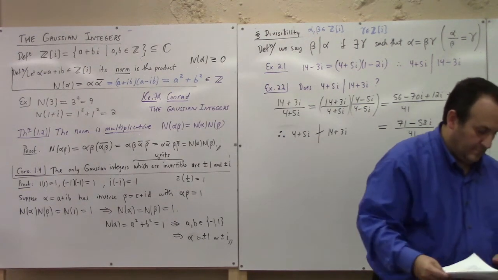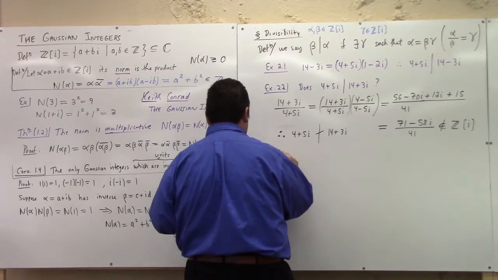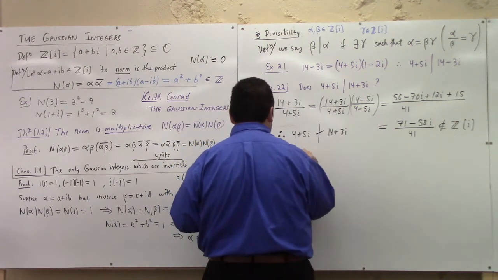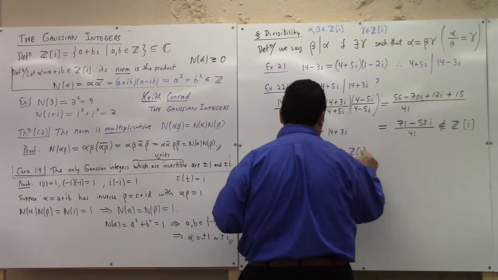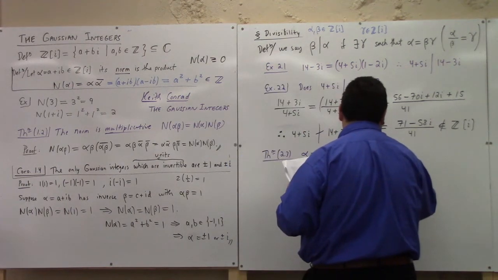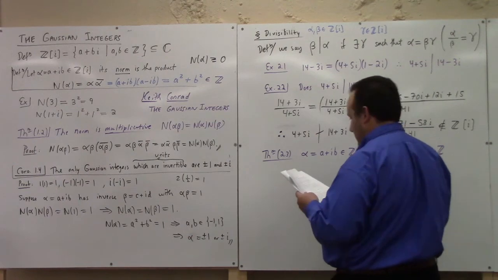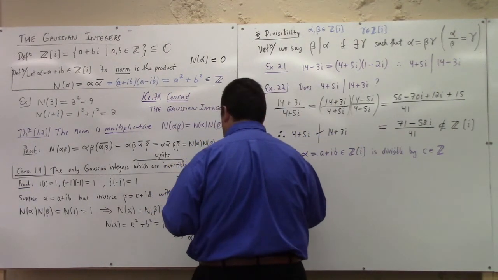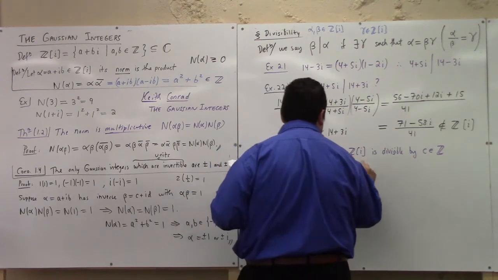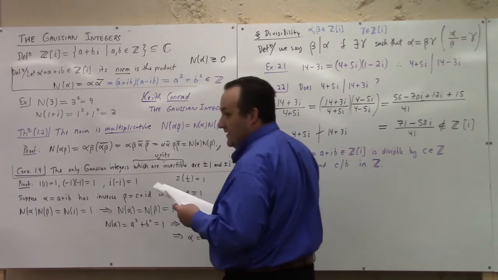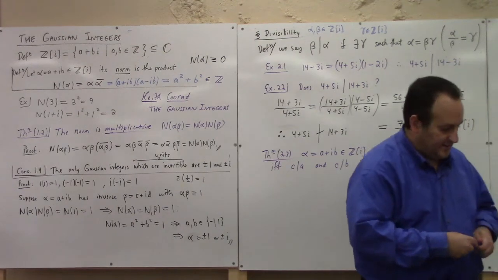Theorem 2.3. Alpha equals a plus ib in the Gaussian integers is divisible by c, an ordinary integer, if and only if c divides a and c divides b in Z. So notice he's talking about divisibility in the integers, the thing you guys prove stuff about on the test.